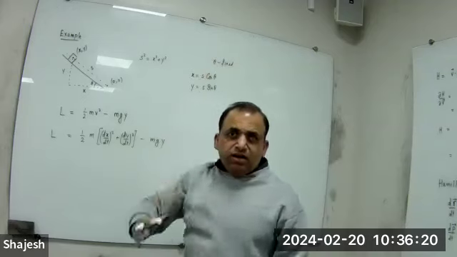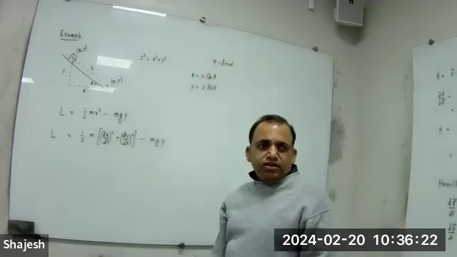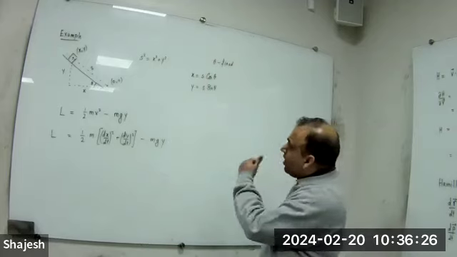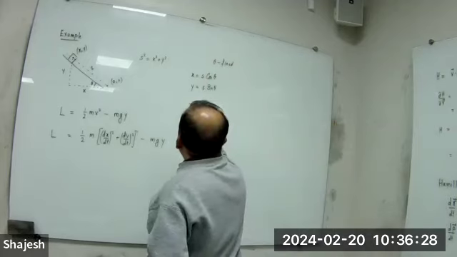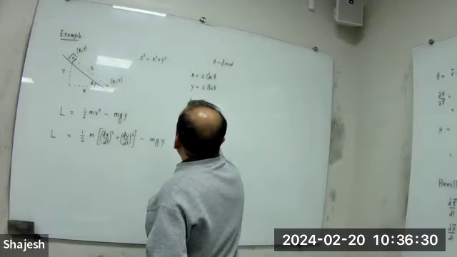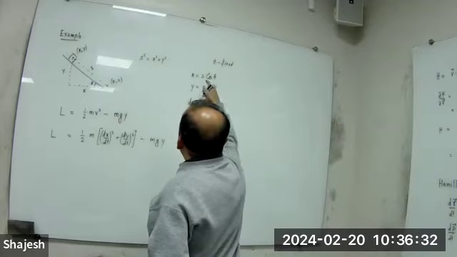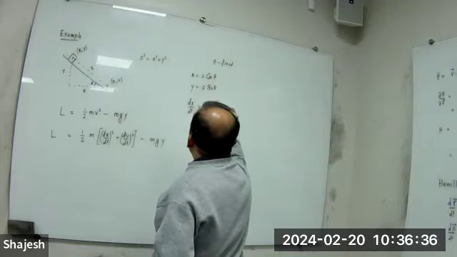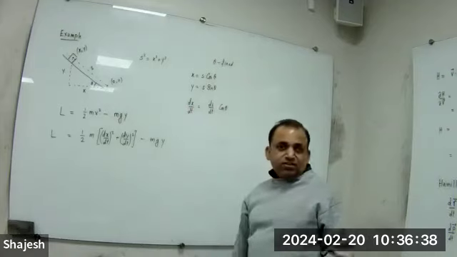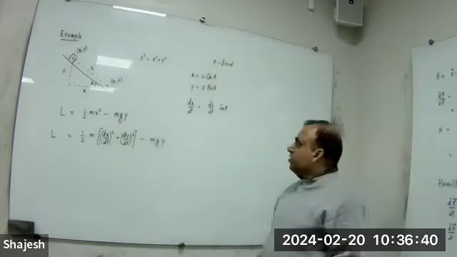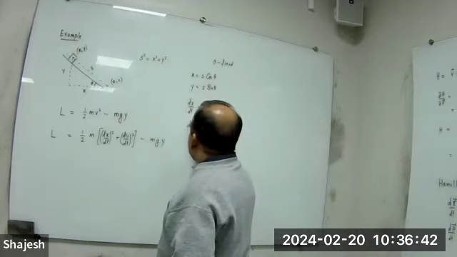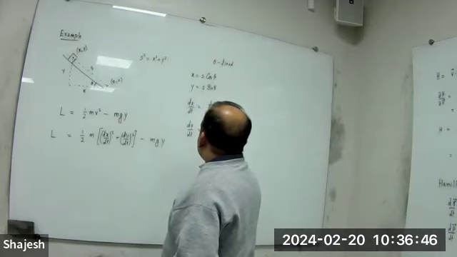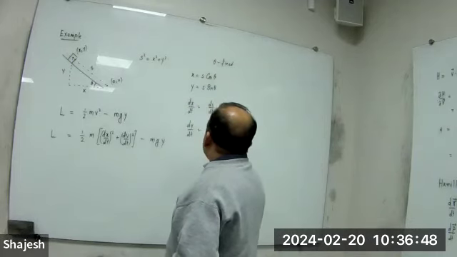That's the inclined angle, so it doesn't change with time at all. So what is dx by dt? Only s changes with time, and cosine theta remains as it is. And dy by dt is equal to ds by dt times sine theta.